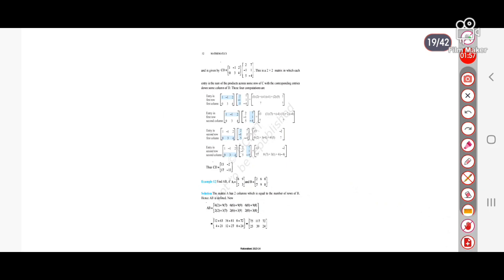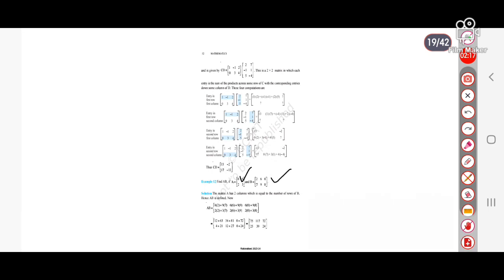See example 12. Find AB if A equals 6, 9, 2, 3 and B equals 2, 6, 0, 7, 9, 8. So this is a 2 cross 2 matrix, and this is a 2 cross 3 matrix, right? 2 rows and 3 columns.